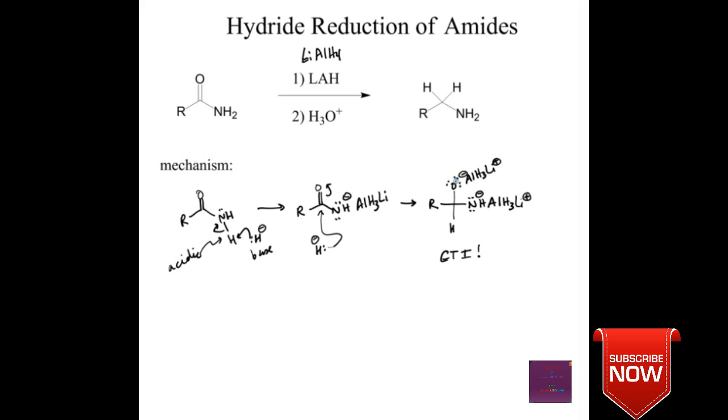We have an oxygen that'll have negative charge or a nitrogen that has a negative charge. Because oxygen is more electronegative, it better handles the negative charge. This is the better leaving group. So what happens is the hydride adds in, and then the existing nitrogen kicks that oxygen out as a leaving group.